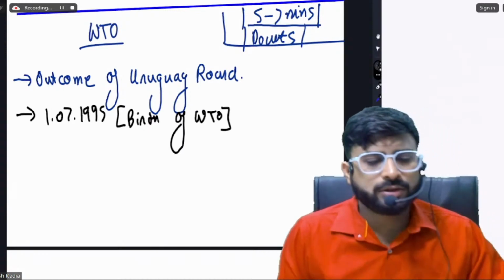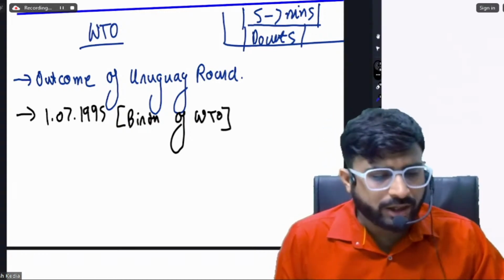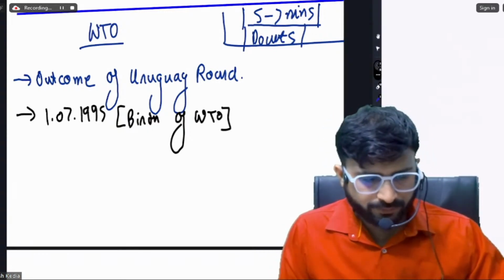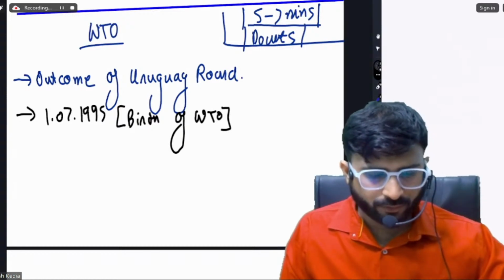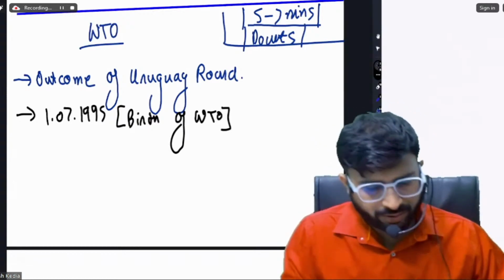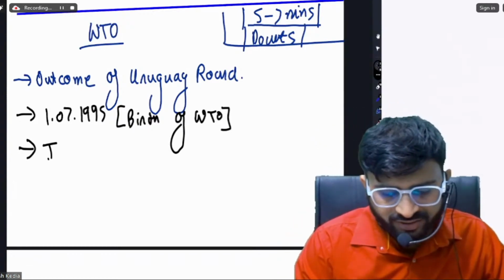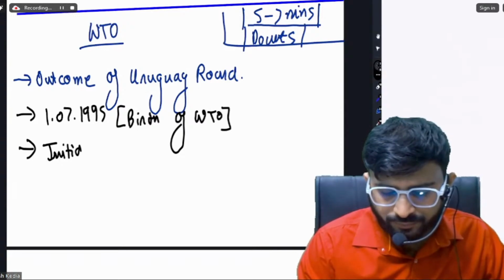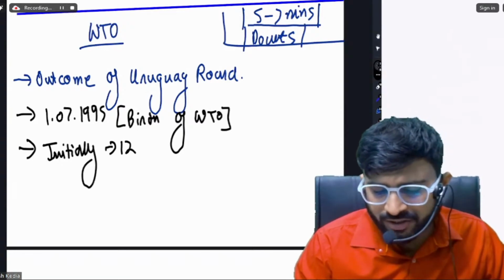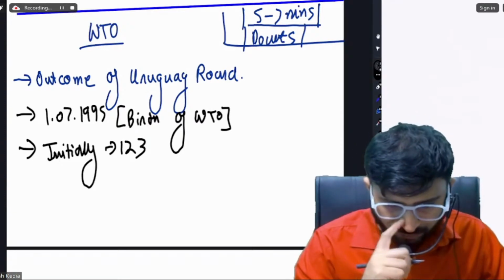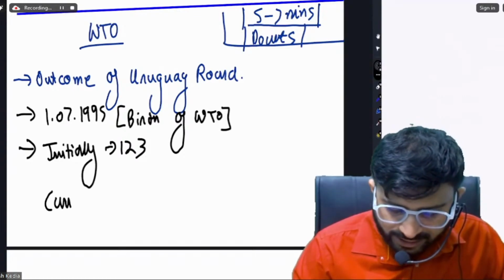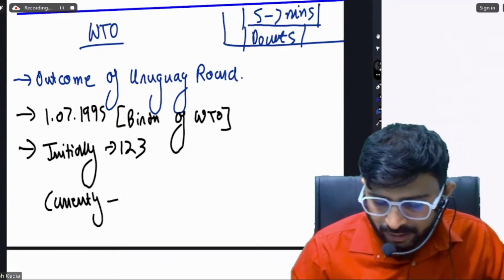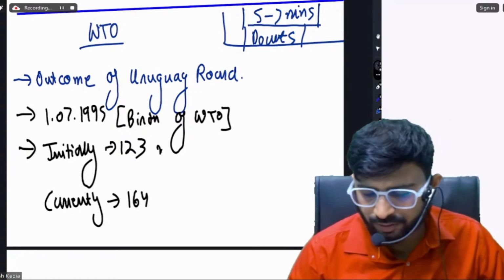Now, of course, we must try and understand the number of members. So, friends, initially there were 123 members, but currently there are 164 countries.